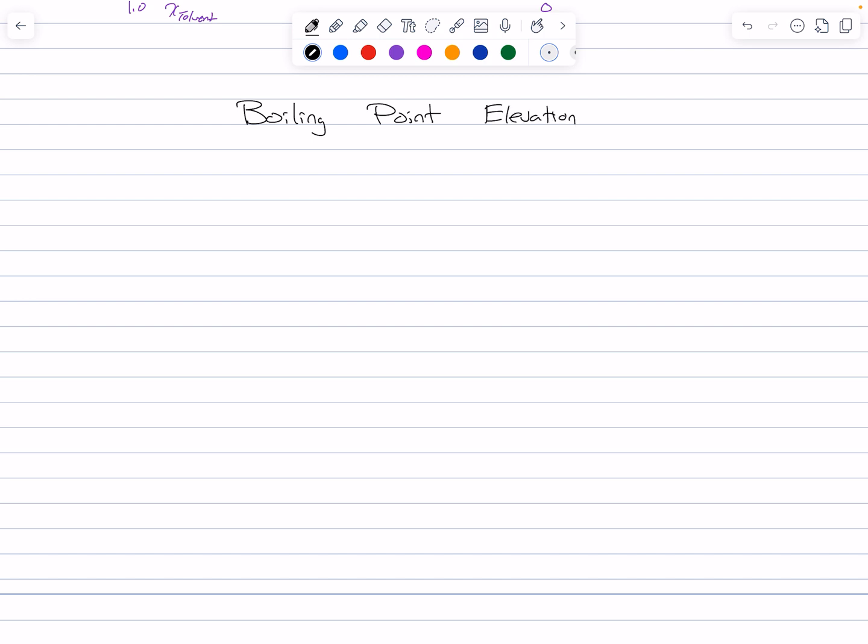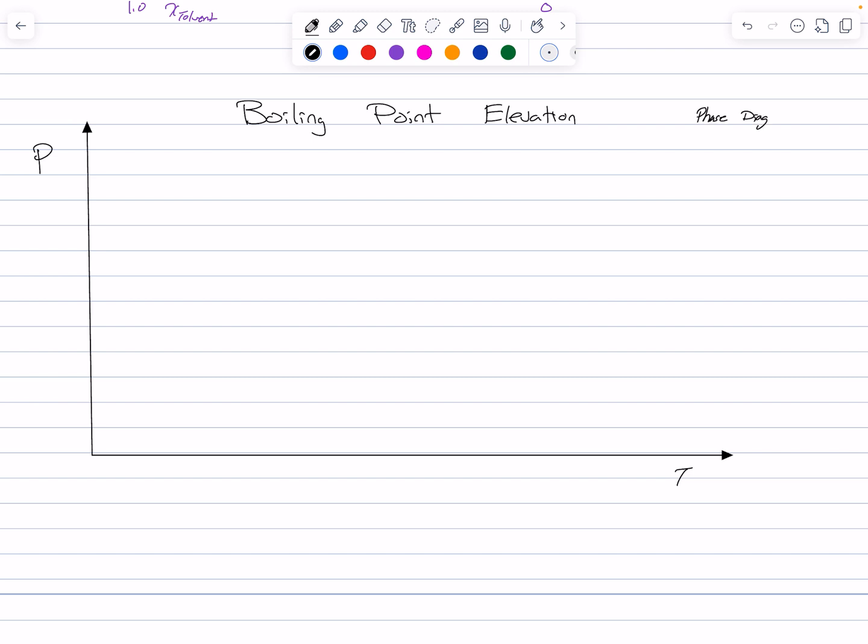All right, so let's do another axis. So that is going to be pressure, and that's going to be temperature. This is a phase diagram. And so in our phase diagram, let's just say we have water. And we're over-accentuating it so we can see what happens here.